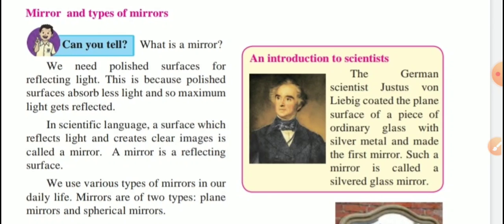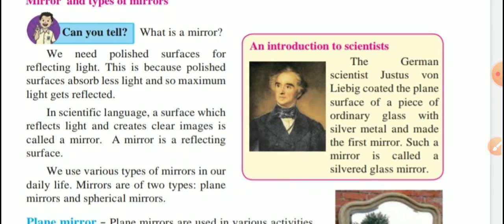Can you tell what is mirror? So already answer is given in this explanation. See there. We need polished surfaces for reflecting light. This is because polished surfaces absorb less light, and so maximum light gets reflected. In a scientific language, so answer is given here that you mark.